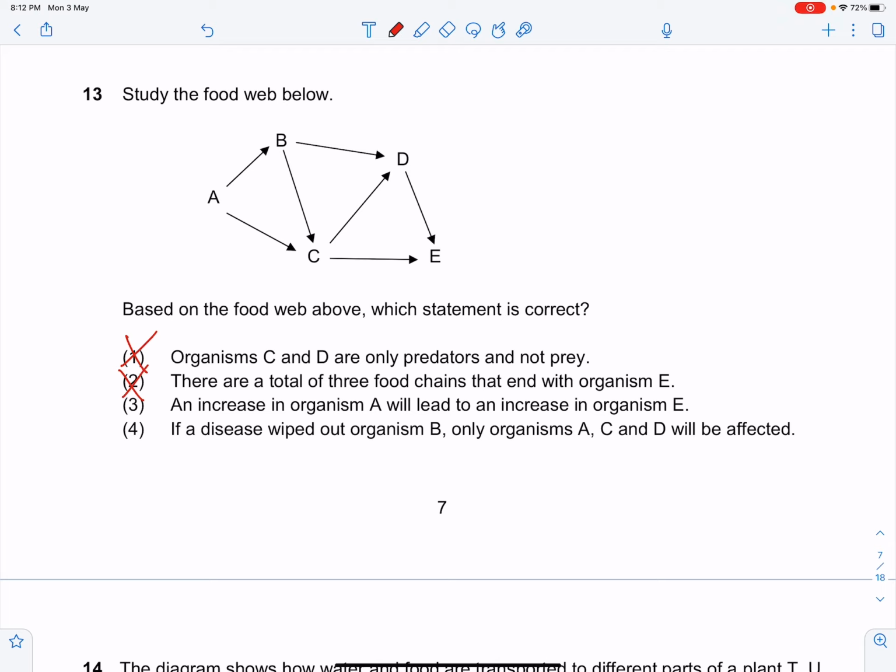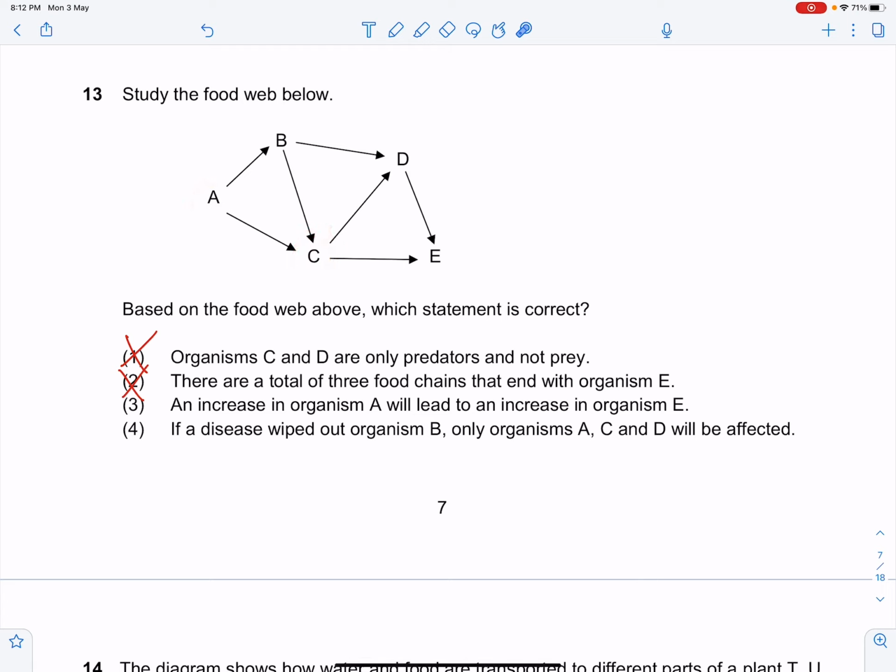Let's look at 3: an increase in organism A will lead to an increase in organism E. This is plausible because A, if you take a look here, is the producer. It probably is a plant which is eaten by C. If C gets more food, which is A, the C population will go up.